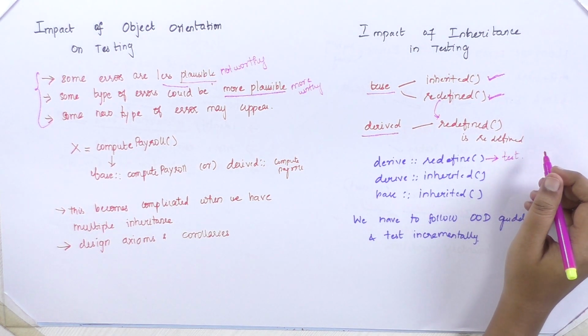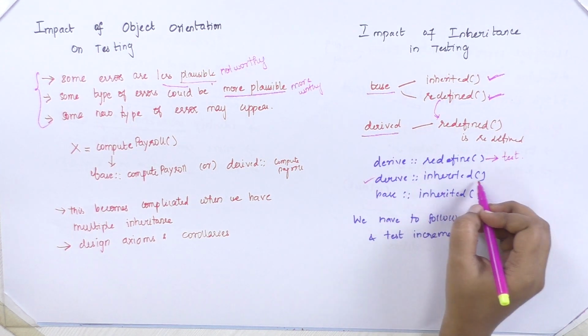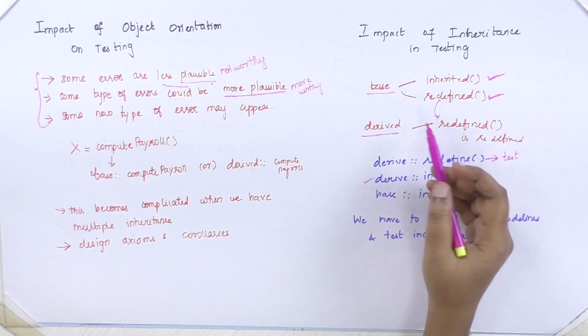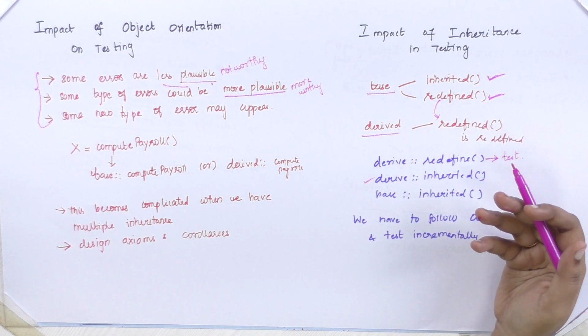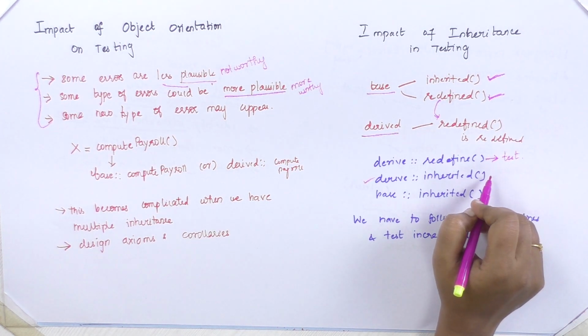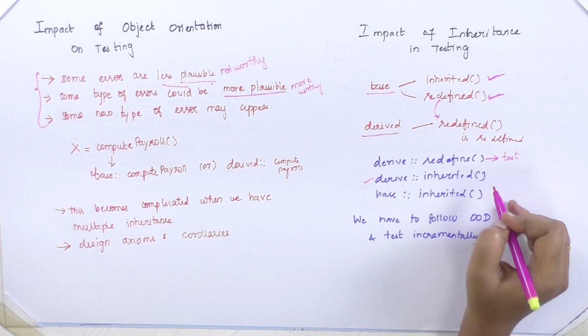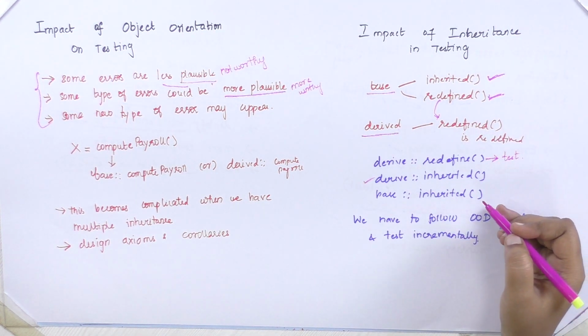It is worth it. Next, whether we have to test the inherited method of the derived class, because the inherited method of the derived class is the same as that of the base class. It is not redefined again. Whether we have to test this method depends on whether the inherited method is changed or not.